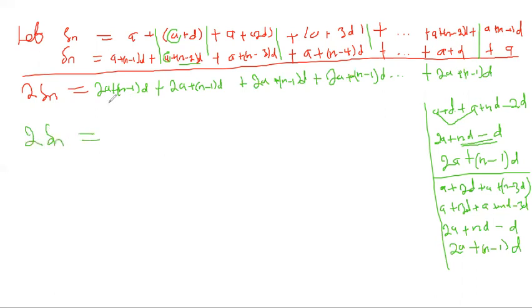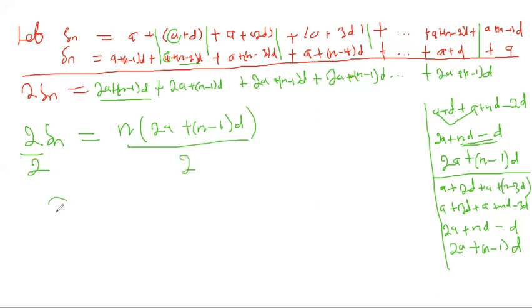So how many times is the 2a plus n minus 1 times d going to appear? I think n times. So we shall multiply it by n: n times 2a plus n minus 1 times d. So we divide by 2 and here by 2.